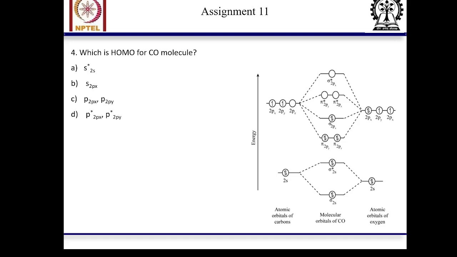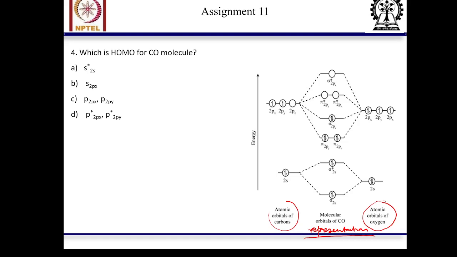Now, this is just a representation, not the actual energy, because the atomic orbitals of carbon and oxygen will not be at the same energy level. They have different atomic numbers, so their energies will be different. But this is just the representation.